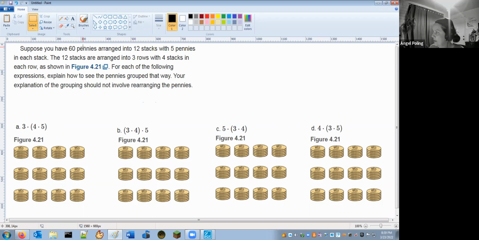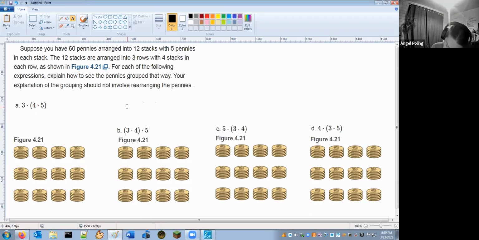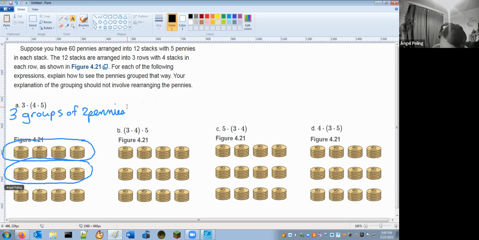Okay, so we have here 3 groups of 20 to start. So 3 groups of 20. And the 3 groups are here. So we see 3 groups.